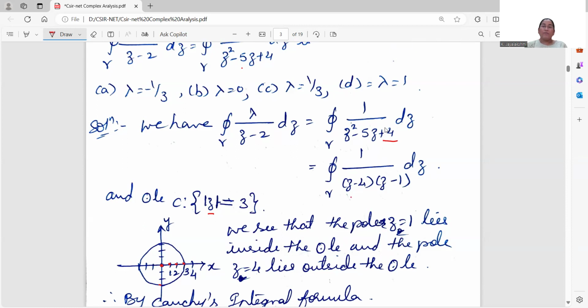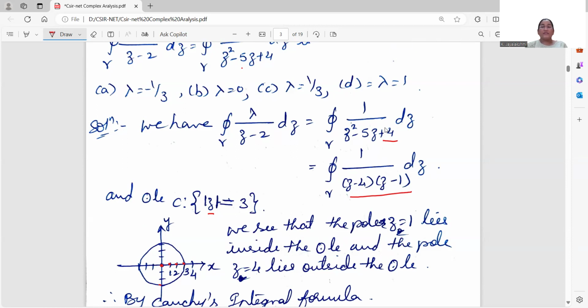Getting back to the question, after factorization we obtain z² minus 5z plus 4 equals (z minus 4)(z minus 1), and this gives us the singularities.